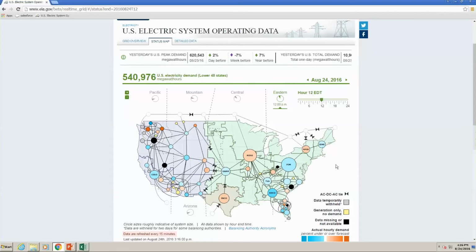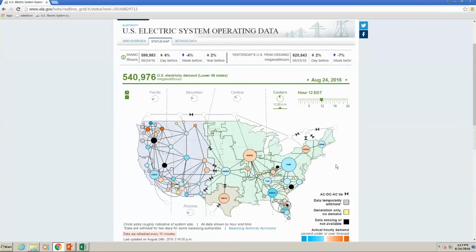And even on a single line during that hour, it may be flowing in at a certain point and later in the hour flowing out. So the number that we are collecting, which is net interchange, the net means that we're just looking at what the average was over the hour. And so that average can only be in one direction or the other.